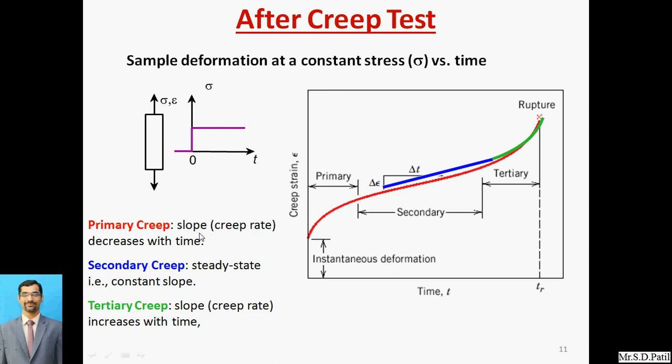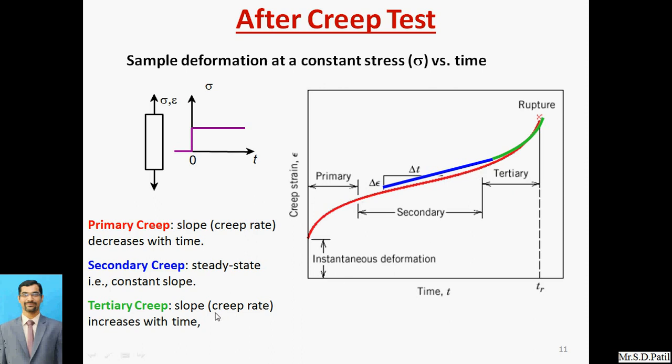In the primary creep, the slope decreases with time. In the secondary creep, the steady state, the slope is constant; strain is not increasing much while time keeps increasing.